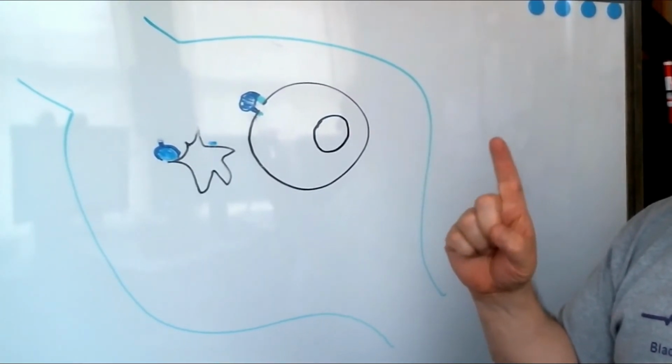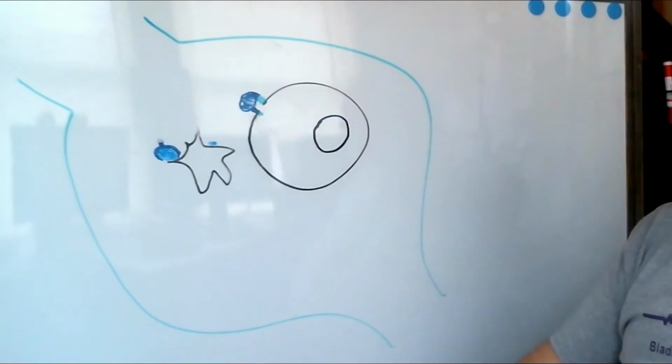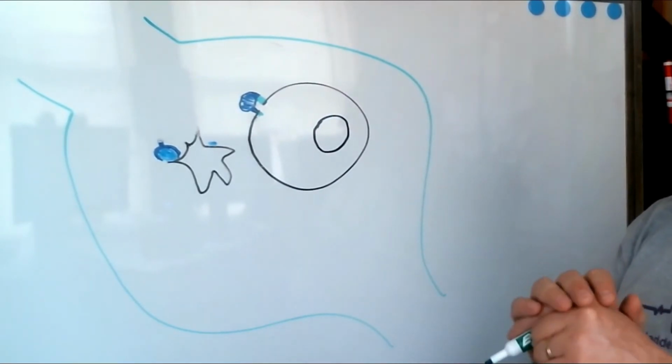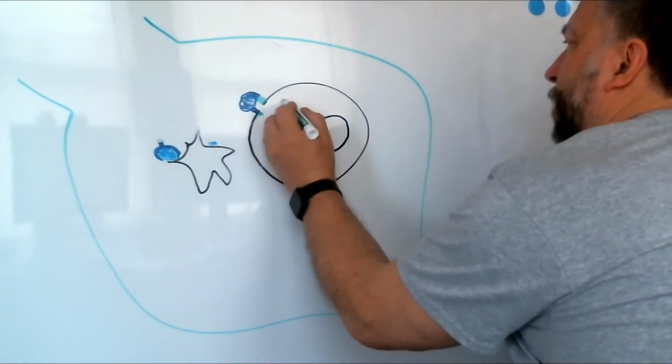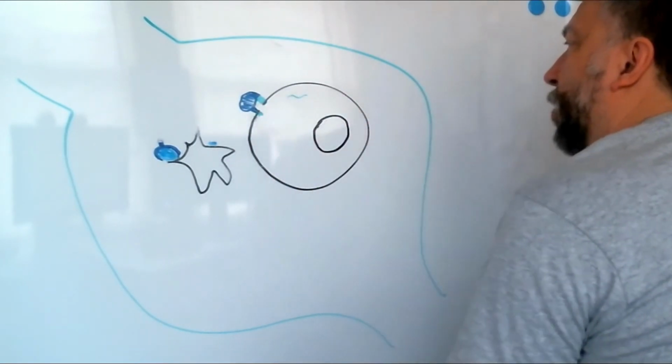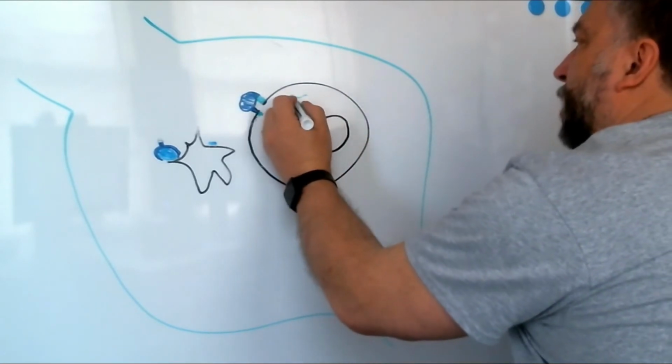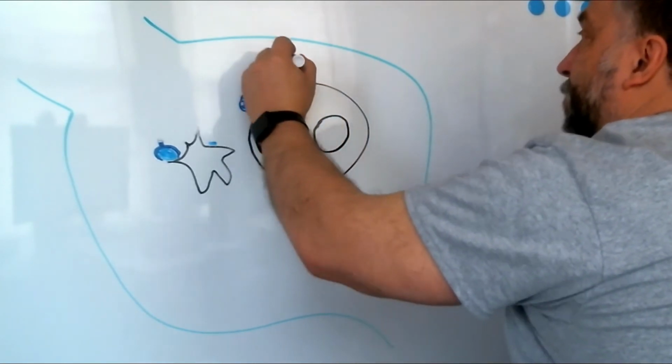HIV gets into our DNA. It sends in some RNA, and it sends in an enzyme called reverse transcriptase.